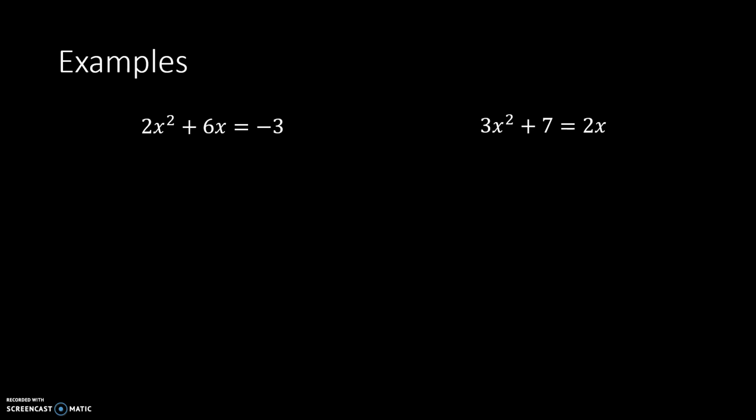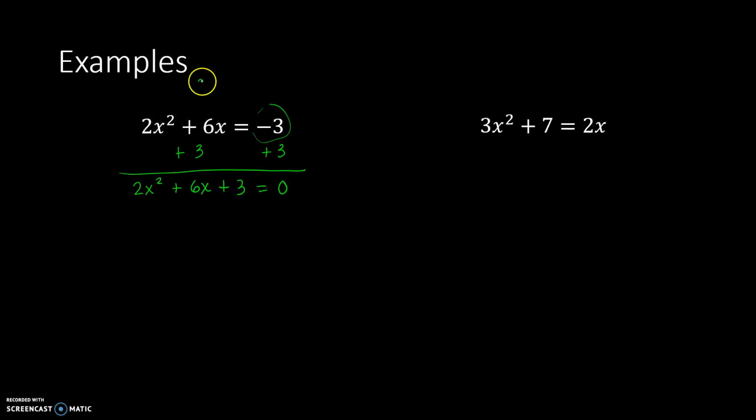The other twist to the quadratic formula is that maybe your equation is not equal to 0, in which case you need to fix your equation by moving the term over so that it is equal to 0 before you proceed. So this would be 2x squared plus 6x plus 3 equals 0.